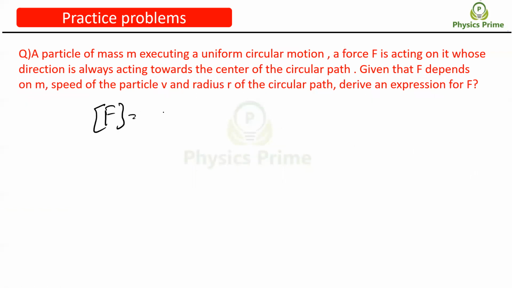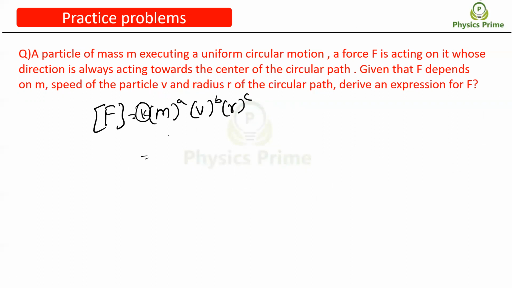I am writing F is equal to M power A, V power B, R power C. The constant will not have any dimensions, so even if it exists or not does not matter for me.